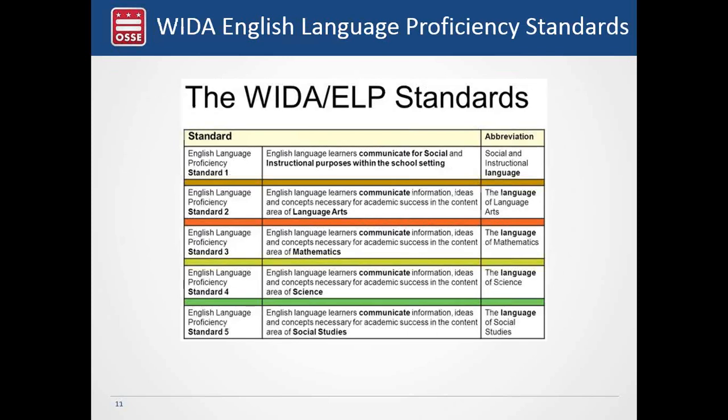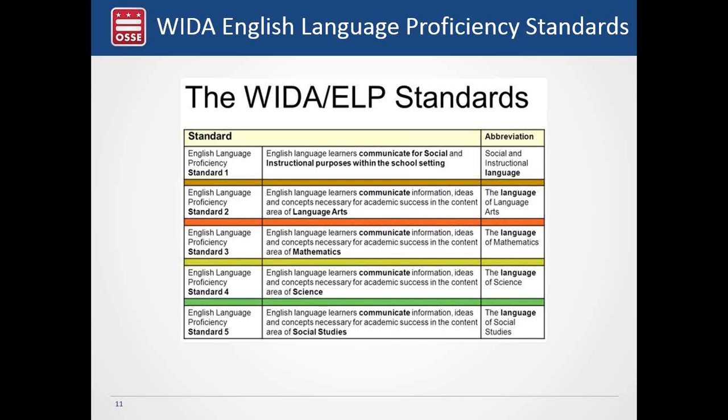If you're not familiar with WIDA's standards, they are standards of English language proficiency that we use here in the state. And you see on the screen there are 5. Standard 1 pertains to social and instructional language, and standards 2 through 3 relate to the content areas: language arts, mathematics, science, and social studies.